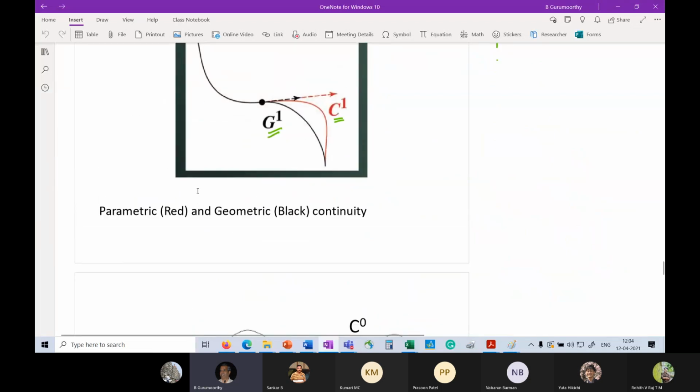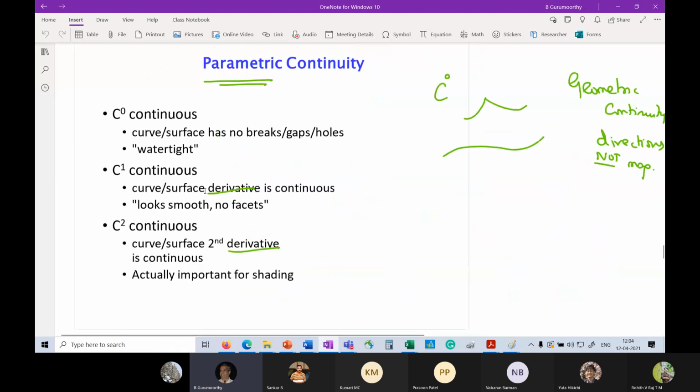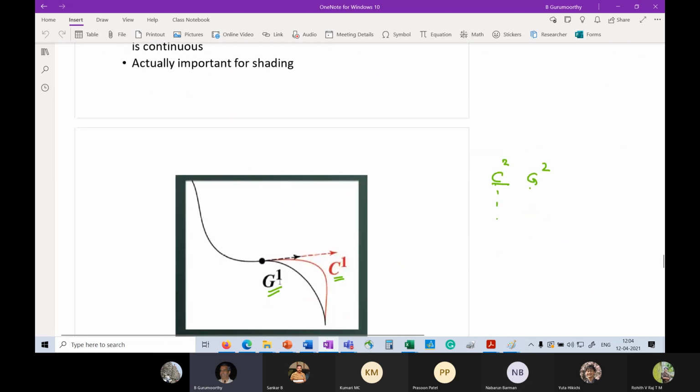We will be revisiting this in a short while when we again look at quality of surfaces, but for now we have just defined the two kinds of continuity. Essentially, keep in mind that in one, the derivative, both magnitude and direction are the same, whereas in the other, only the direction is the same and the magnitude can be different. So as you can see from this picture here.